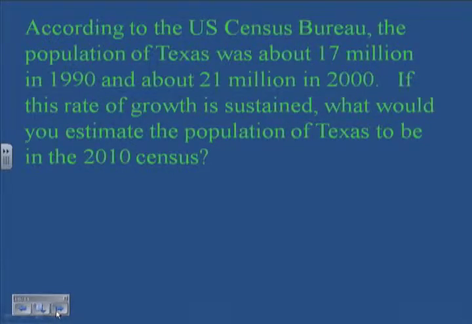And then the 2000 census has them at about 21 million. Now, here's where the math book fake problem stuff comes out. If this rate of growth is sustained, and we want to use an exponential model for this, what would you estimate the population to be in this census? Since we're all excited about our current census going on here.